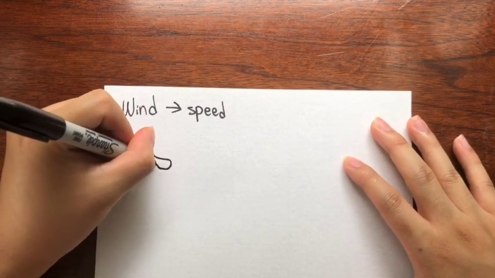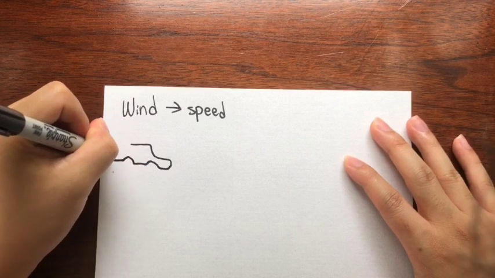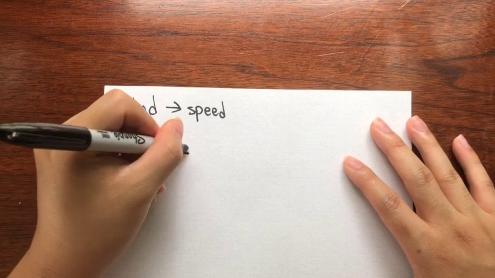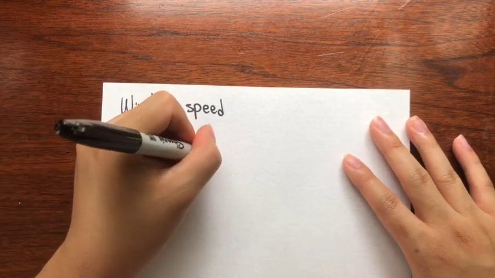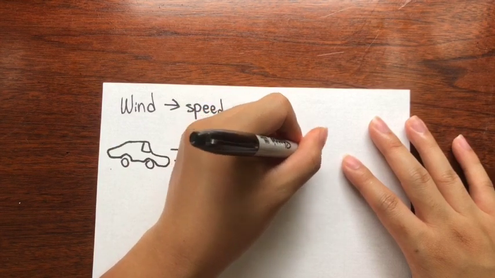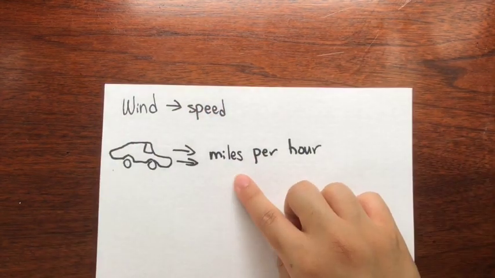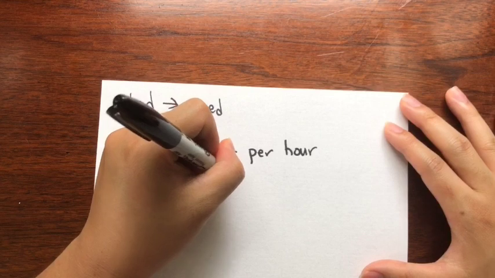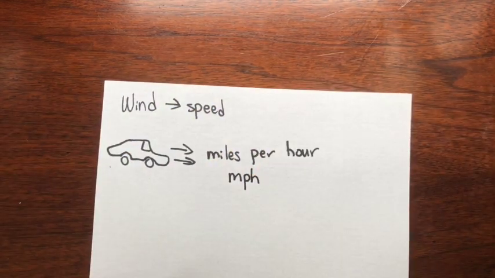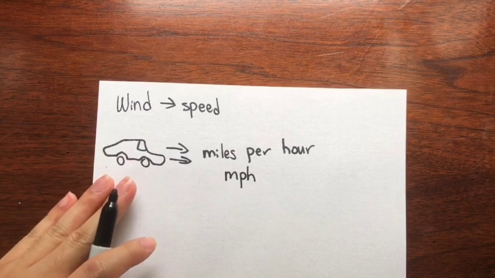So with a car, you measure the speed in miles per hour. How many miles can you go in 1 hour? mph, miles per hour. This is the speed of a car.